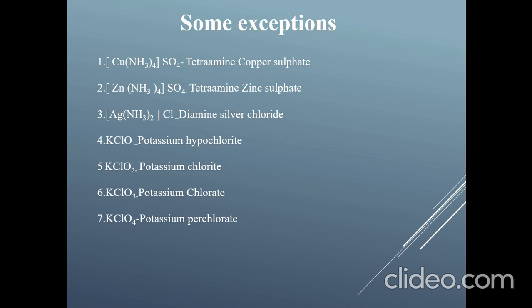And KClO4, potassium perchlorate. So you can see when it was a single oxygen, it is hypochlorite, with O2, potassium chlorite. Then KClO3, it is potassium chlorate, and KClO4, potassium perchlorate.